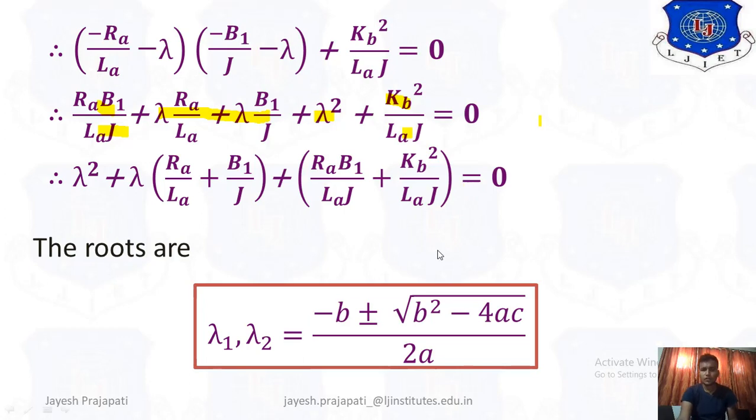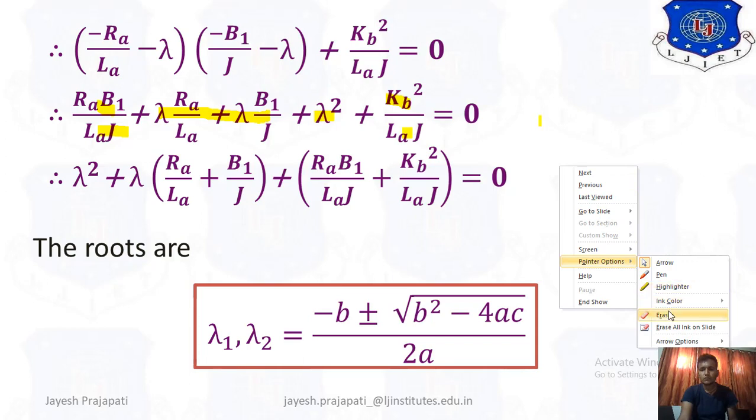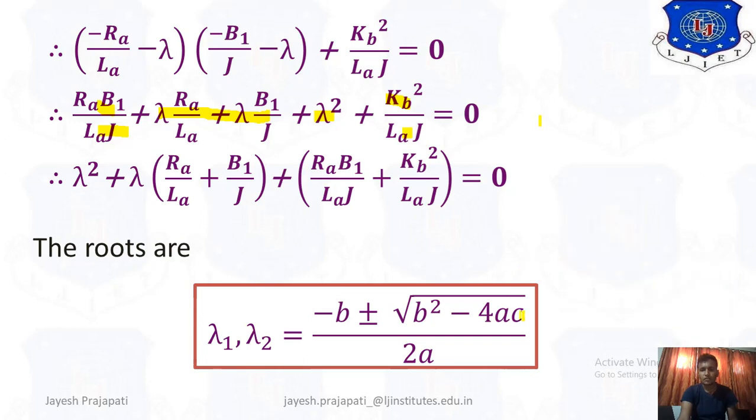Okay, so we know that b is equal to this portion, Ra by La plus B1 by J, and c is equal to this portion, and a is equal to 1 here.